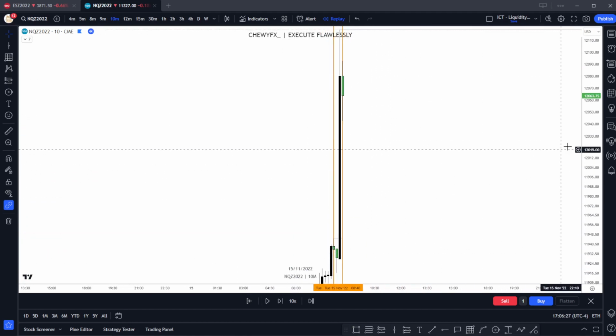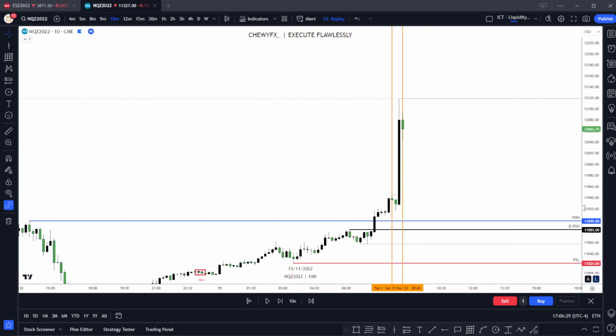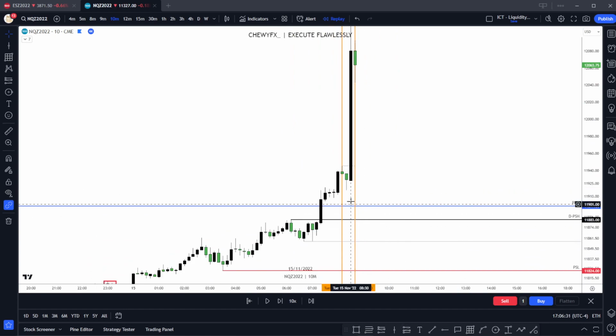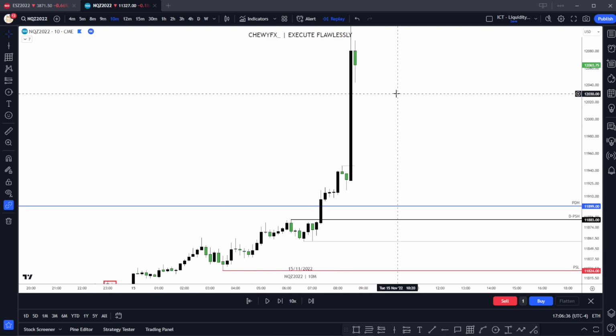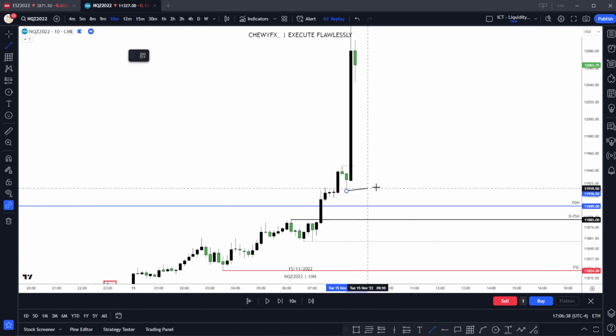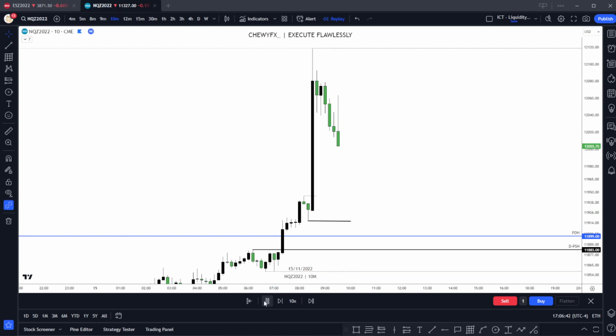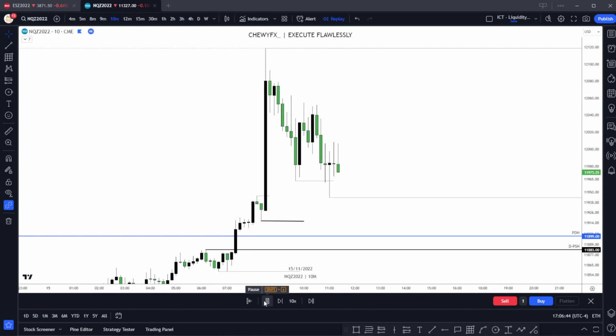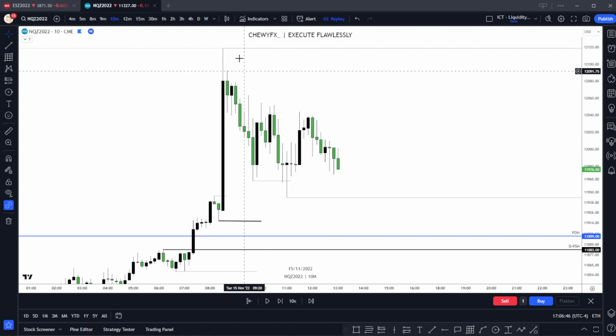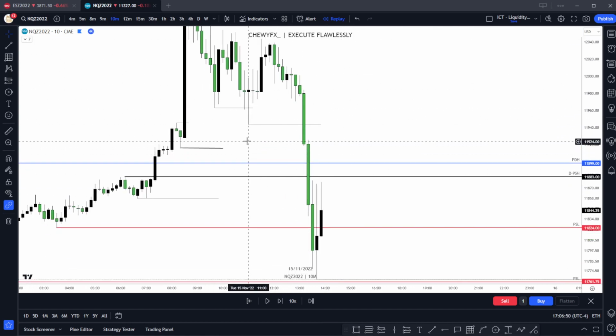Okay, pretty much the same thing, just a little bit more action. Okay, we can delete these two lines now. 10-minute swing low. This is all just internal range, by the way, so I could care less about it.